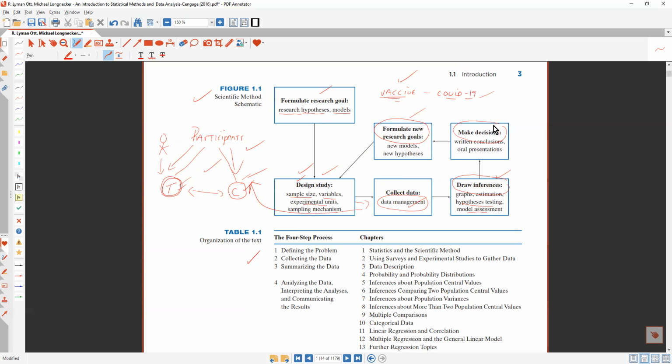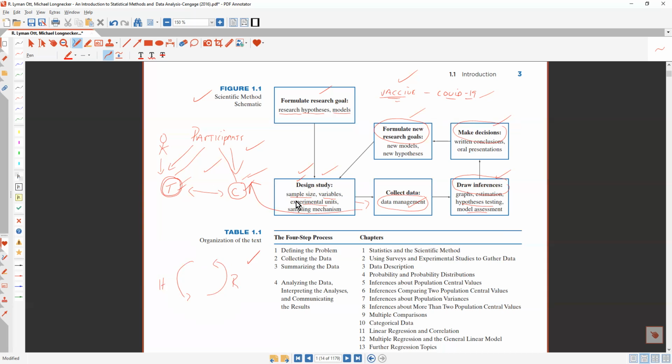After you've looked at your particular study and written up some conclusions, you make up new research goals. So you can see there's a feedback loop to research, in that you have hypotheses, you collect data, you do experiments, you get the results, and then that informs the hypotheses again. It always goes round and round like that.